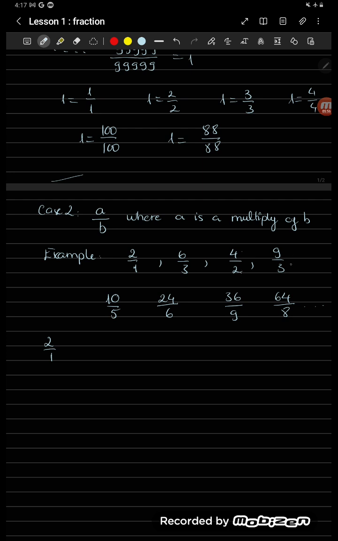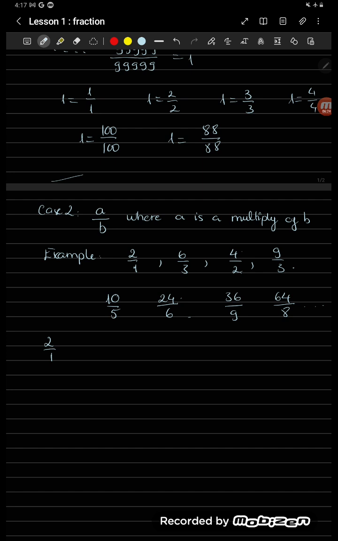For 9 over 3, A is 3 times B, right? And then 24 over 6, A is 4 times B. And we have 64 over 8, so A is 8 times B.